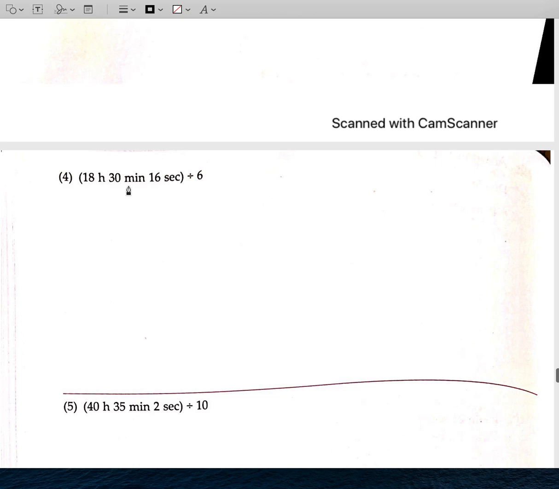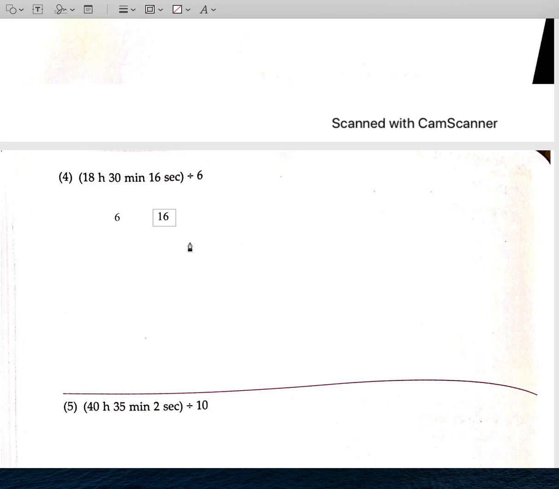18 hours, 30 minutes and 16 seconds. Now here 18 hours divided by 6 is equal to 3. 30 minutes divided by 6 is equal to 5, since 6 5s are 30. Now 16, we'll have to divide 16 as it's not completely divisible. So we'll write 6 over here, 16 over here.